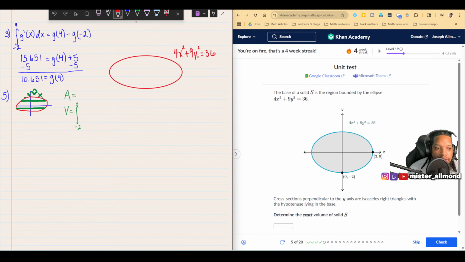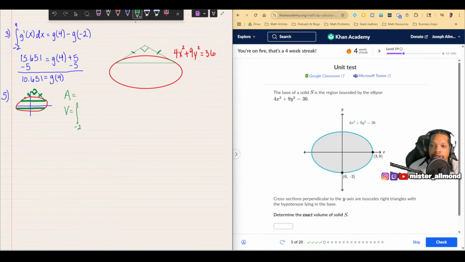Okay, so I wonder what would happen if I solved for X. But actually, if I know the X's go from -3 to 3 and the Y's go from -2 to 2, I'm trying to get the area of this triangle right here. The hard part about these is once you do get the area, the problem is pretty much done.